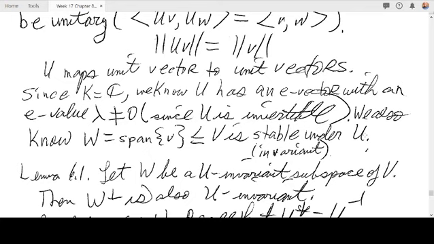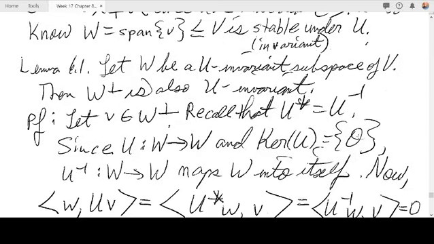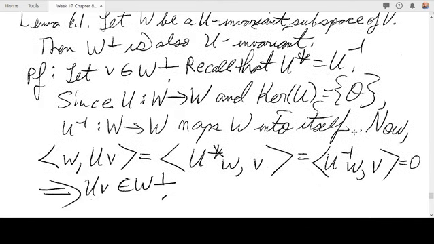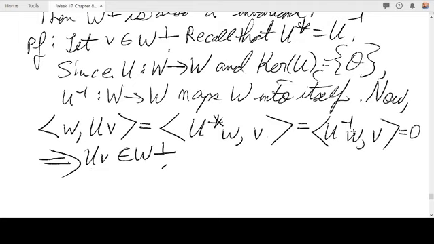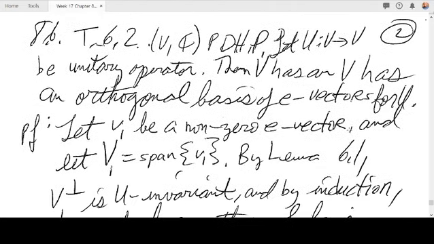So the span of that one eigenvector, call it W, it's a subspace of V, is said to be stable under U or invariant under U. And then you look at the orthogonal complement, and we're not going to hold you responsible for that particular proof. But look at 8.6 theorem 6.2.